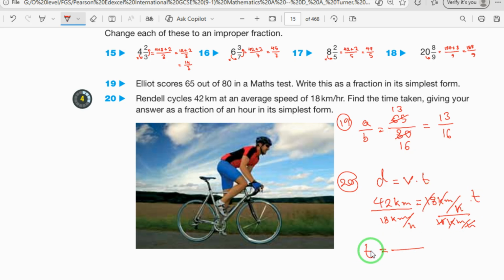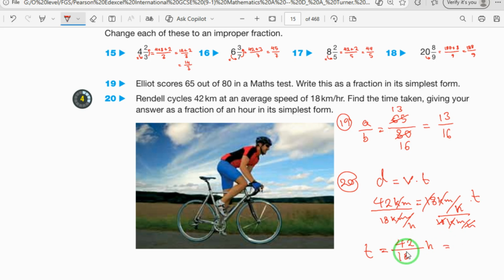On the right side, we usually write the variable on the left side. And also here kilometers simplify with kilometers, only 42 over 18 remains, but h as an hour goes to the numerator. We write it here.